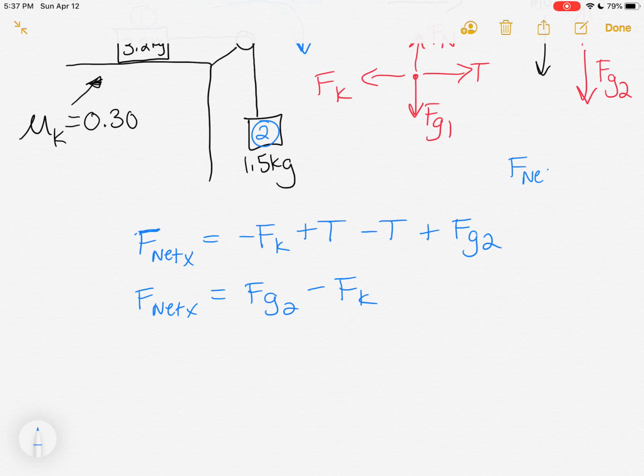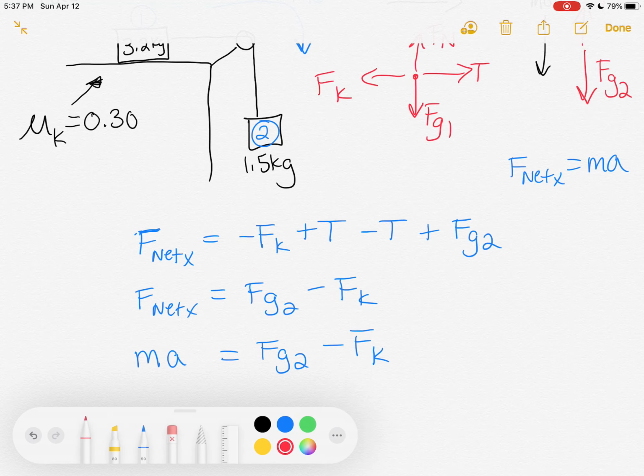All right, in this case though, our F net X is going to be MA. We're told that our block system is moving a little bit because we have a mu K, which means we have kinetic friction, which means we're moving. And so we are going to have to substitute MA in for our F net X. So we're going to have MA is equal to our FG2 minus our Fk.